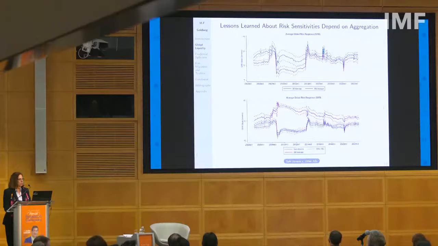Abstracting from the so-called safe haven currencies, other advanced economies and emerging markets exhibit similar risk sensitivities. Advanced economies are not appropriately combined into a single category when considering policy channels from risk-induced international capital flow pressures.